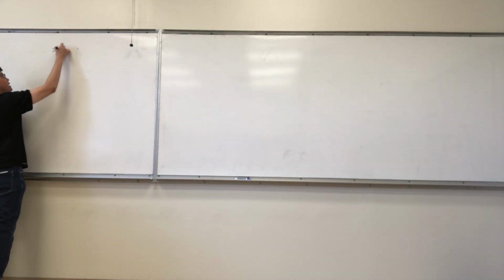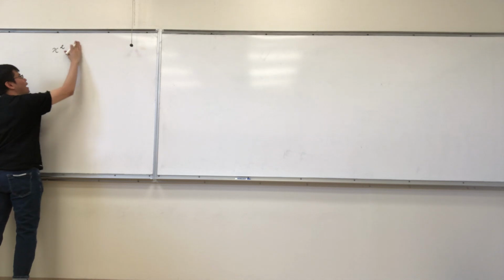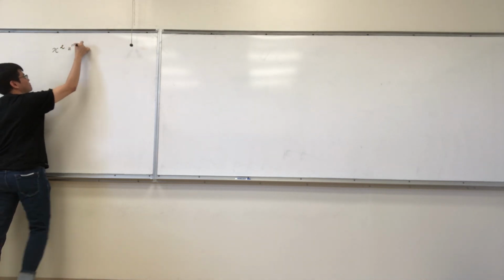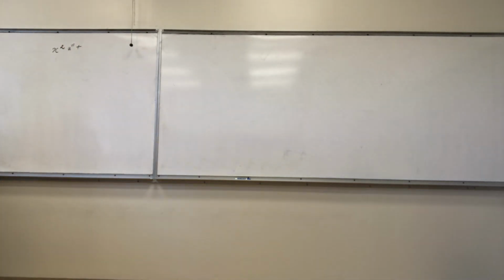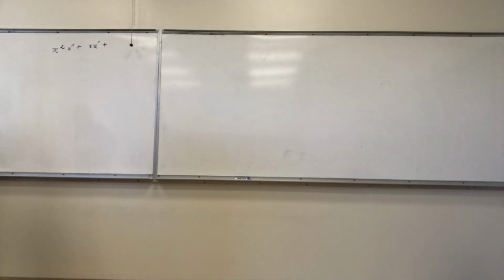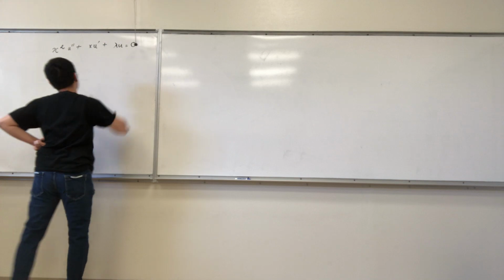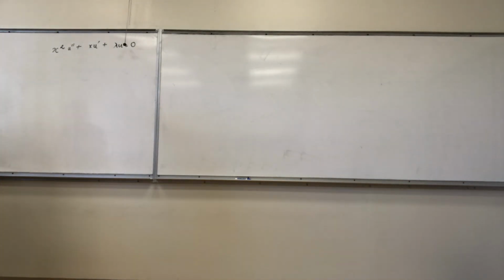So in the previous class, we have this equation: x squared u double prime plus x u prime plus lambda u equals 0.